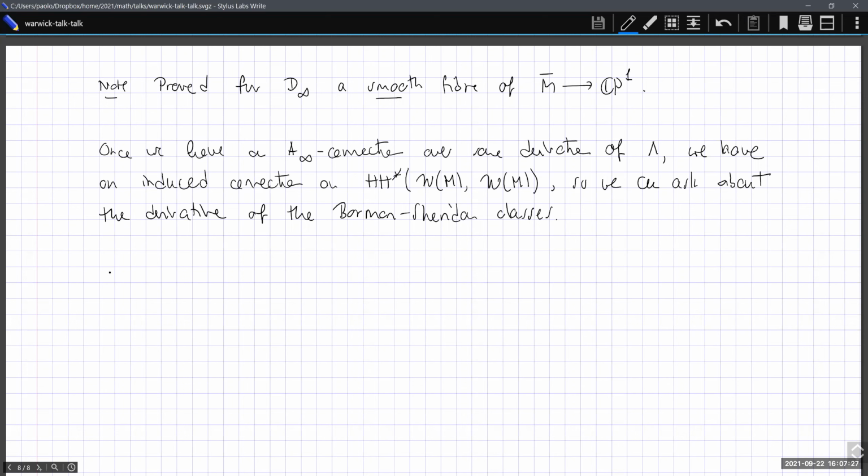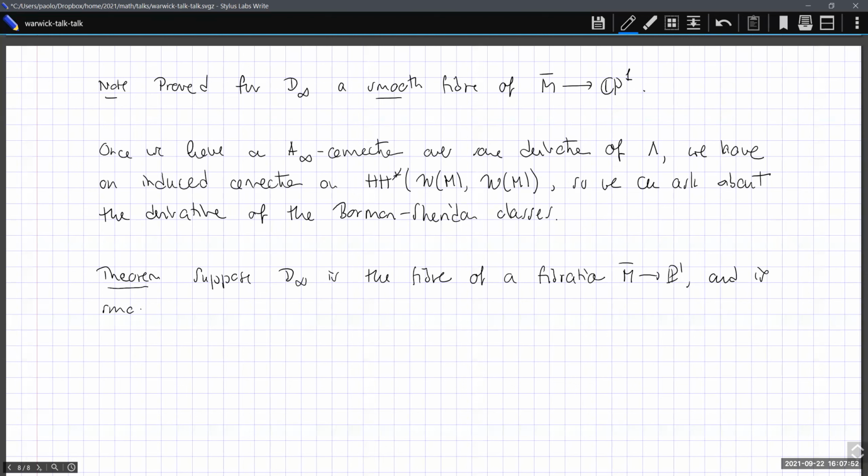So this is the last thing I'm going to say. This is a very strong assumption. Suppose D infinity is the fiber of a fibration and is smooth, so m equals 1.